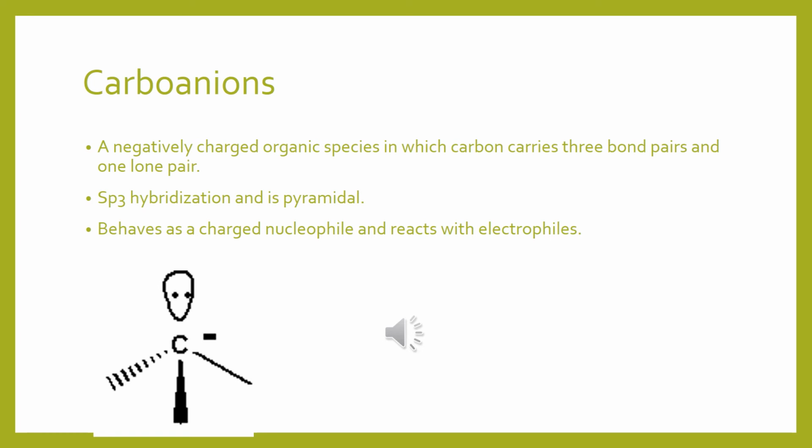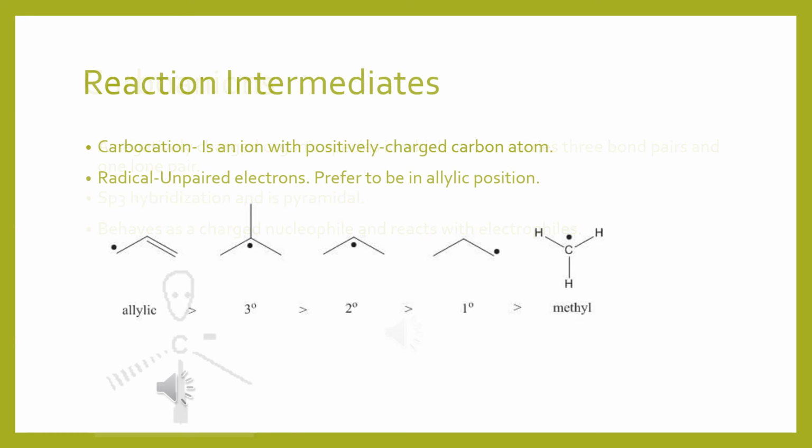It is sp3 hybridized and pyramidal, and behaves as a charged nucleophile and reacts with electrophiles. Reaction intermediates. A carbocation is an ion with a positively charged carbon atom. A radical has an unpaired electron and prefers to be in an allylic position. The allylic position is most preferred, and the methyl position is least preferred.